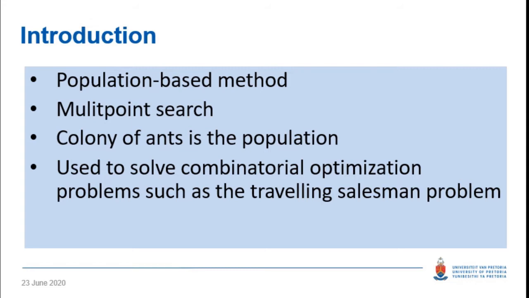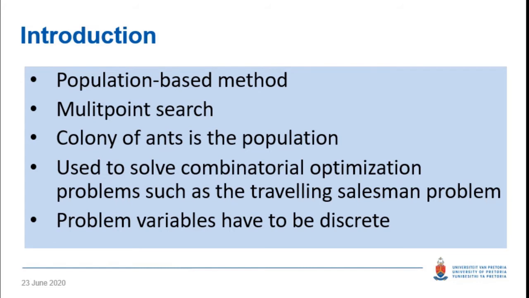The idea is he has to visit a set of cities, and no city must be revisited, and he must start and he must stop at the same city. And the tour that starts at one city and ends at the same city without revisiting a city must have the minimum cost. So that's essentially the traveling salesman problem. Like I mentioned, ACO is good for discrete optimization. So any problem variables involved must be discrete variables, not continuous variables.